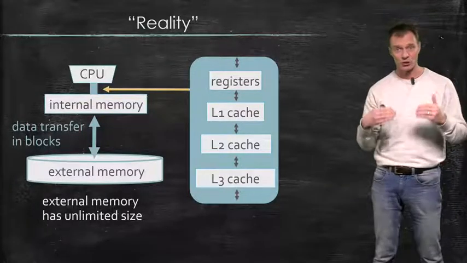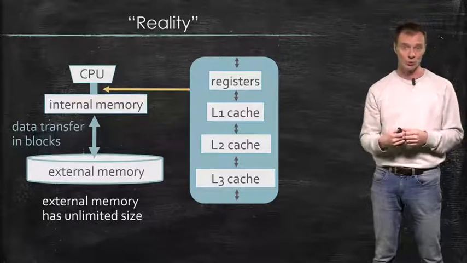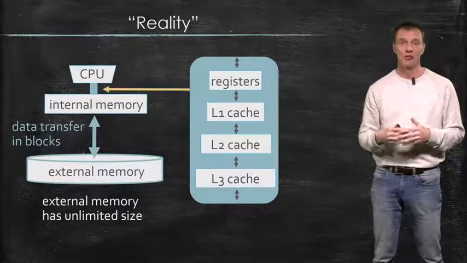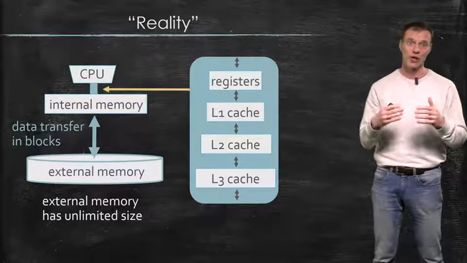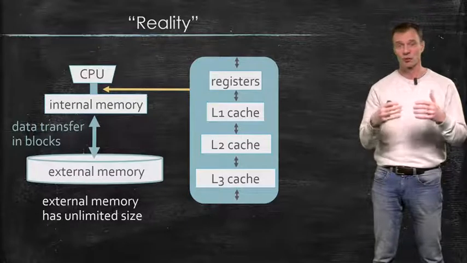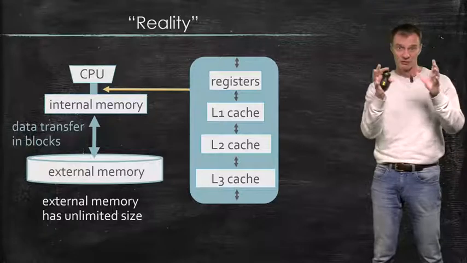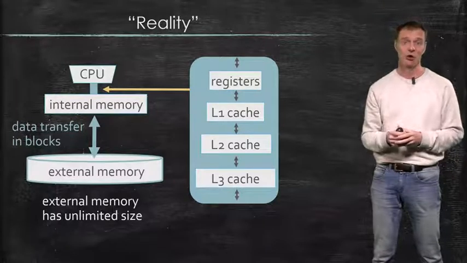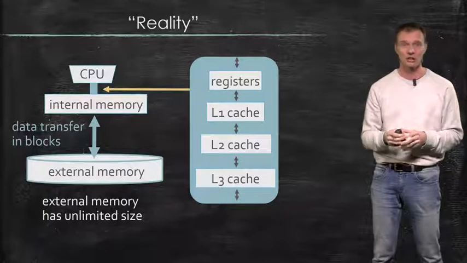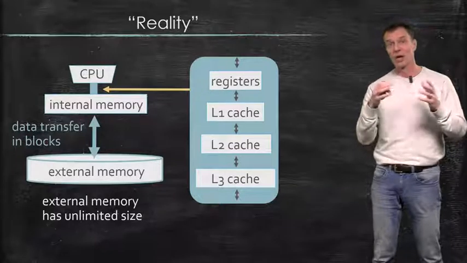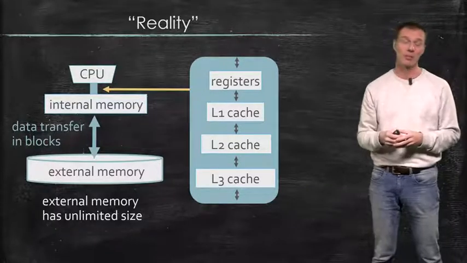So from external memory to internal memory, you have relatively big blocks. From internal memory to L3 cache, you have somewhat smaller blocks, and so on. And again, this is still not the whole picture, because nowadays you have maybe many cores on your chip and so on.